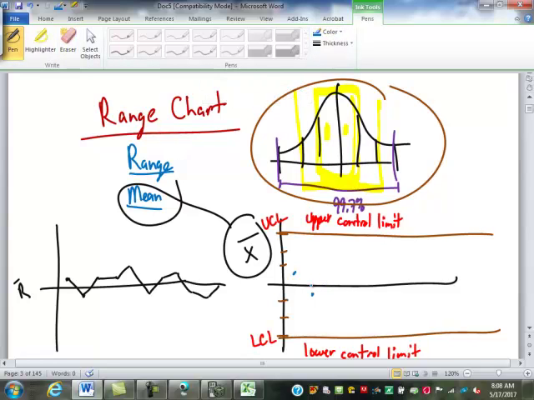So we're plotting the points, and like I said, we expect about 68% of them to be within these first standard deviation marks. They'll pop out every now and then.